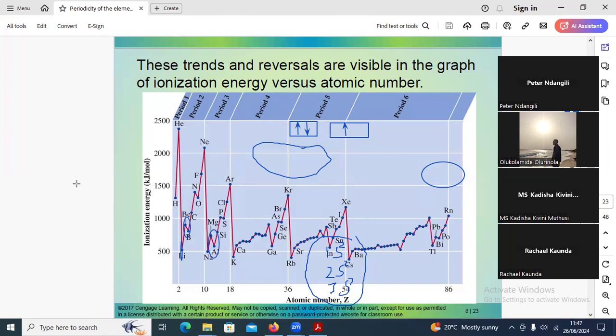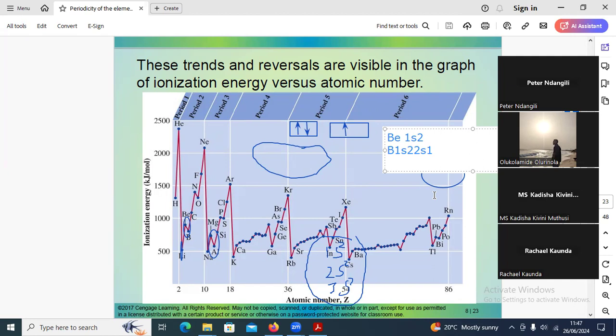And for us to understand that, beryllium is 1s2, 2s2. Boron is 1s2, 2s2, 2p1.